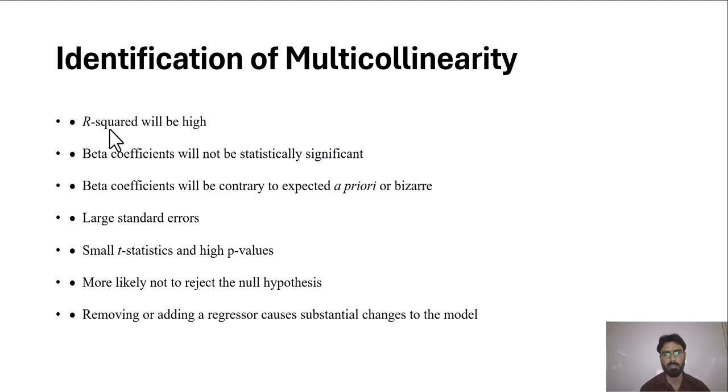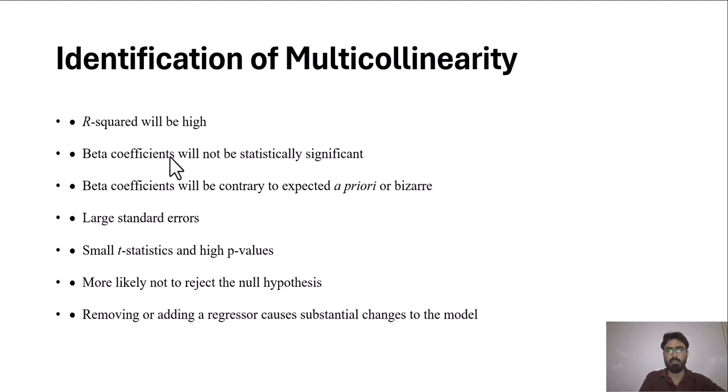So how is it possible that with two insignificant variables, your R square is as high as 80% or 70%? If this is the case, then it clearly indicates that there is an issue of multicollinearity in your data set.